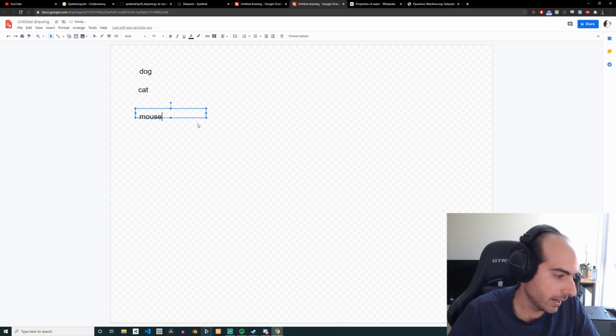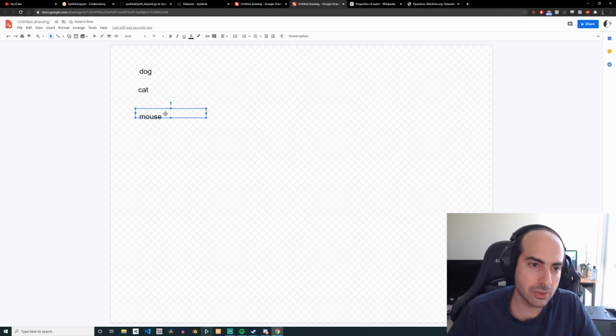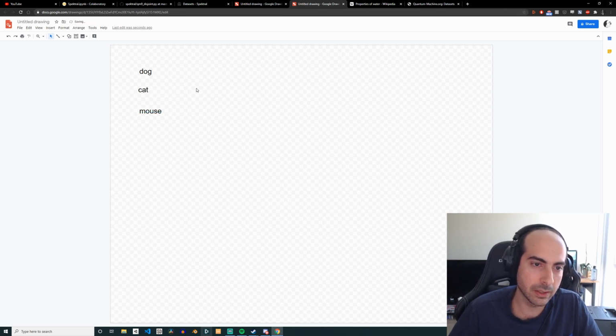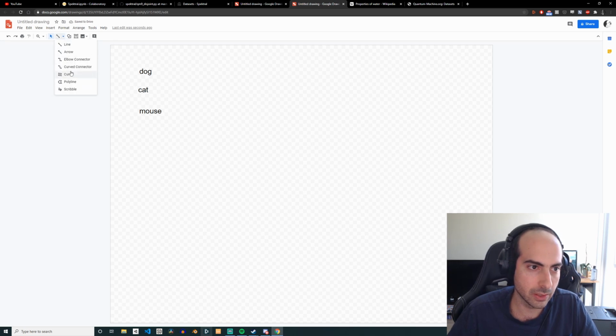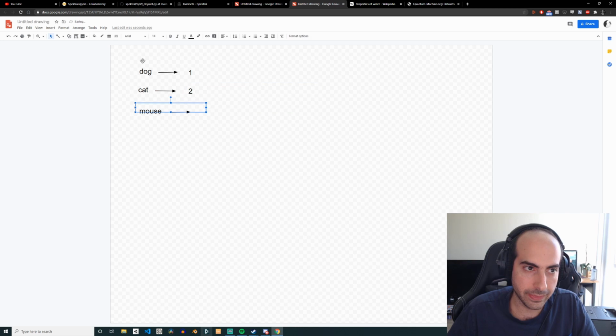One reasonable heuristic is you assign an integer value for each of these. For example, dog corresponds to 1, cat corresponds to label 2, and mouse corresponds to 3.